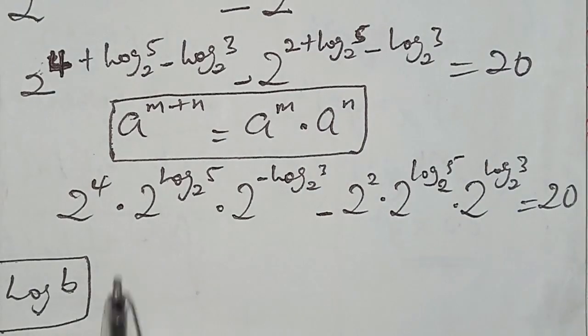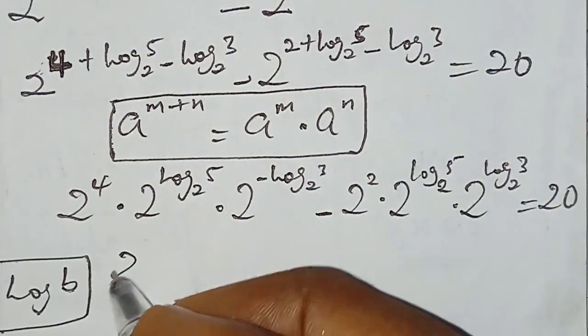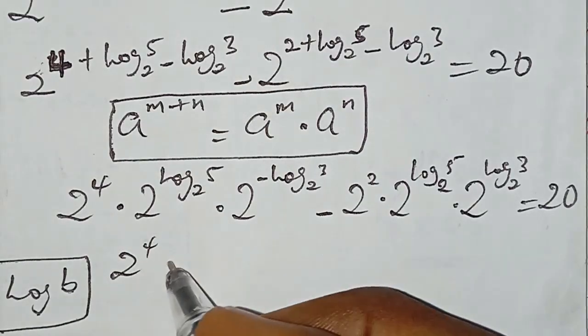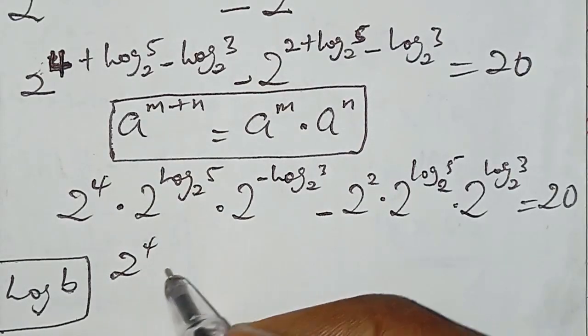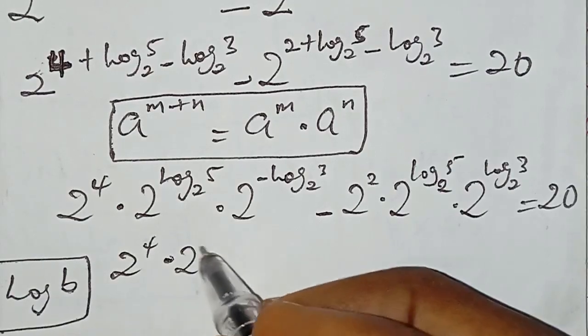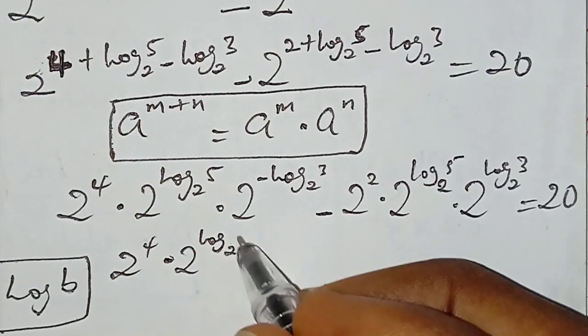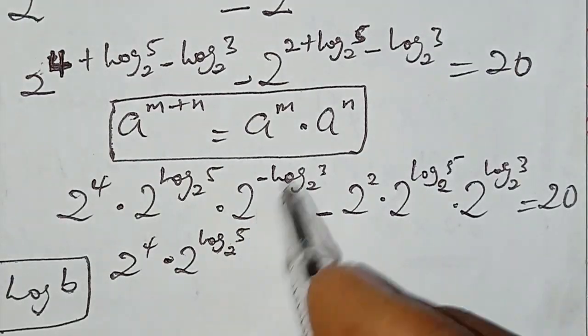Now from here, we can rewrite this as 2 raised to power 4, then multiplied by 2 raised to power log of 5 base 2.